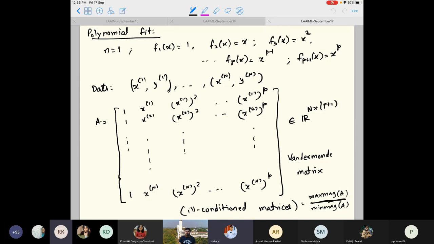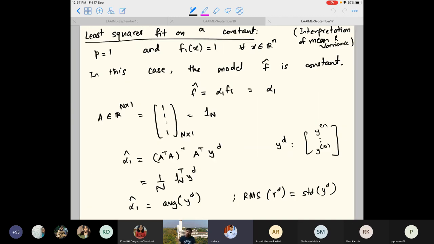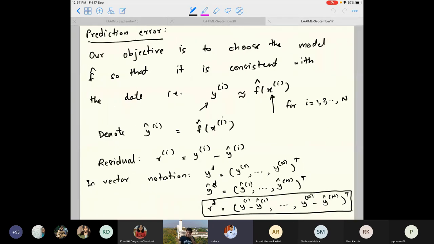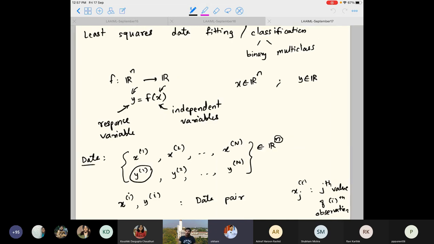Sir, did we incorporate the error in the data so far in our analysis? No, we have not. This is the data that is given to us. The y may come with corruption. The vector yd that we constructed, y1, y2, up to yn, may be corrupted by noise.